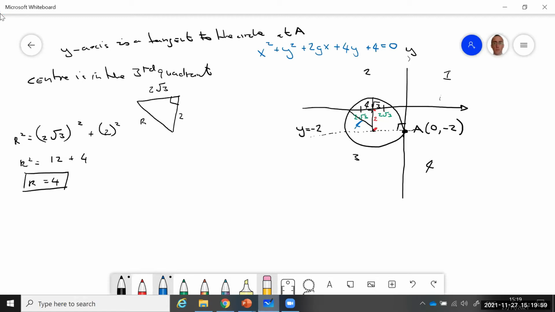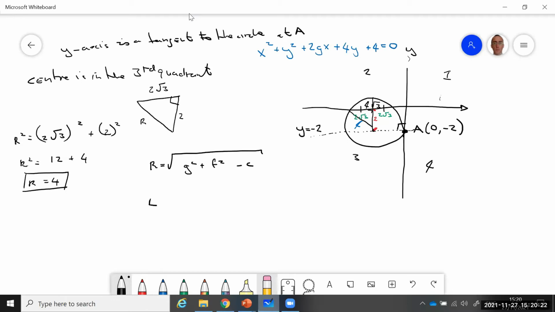So now we know that as part of our circle theory, the formula for R relating to G, F, and C is as follows. R is the square root of G squared plus F squared minus C. All right, that's another identity, one of these general equations for a circle.